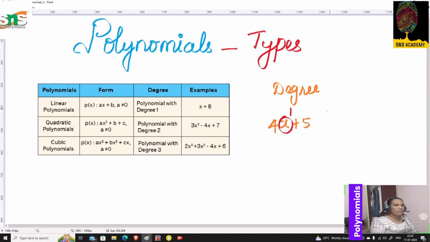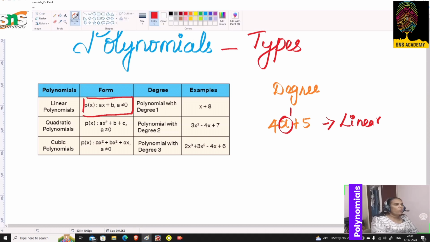If the power is 1, we call it a linear polynomial. Here I have given an example of a linear polynomial, 4x plus 5. The general form of the linear polynomial is ax plus b, where a is not equal to 0.